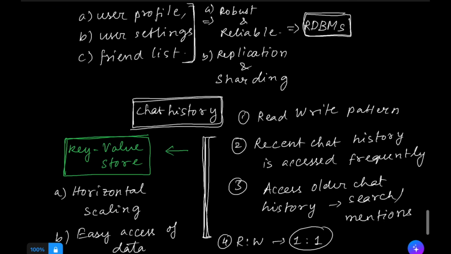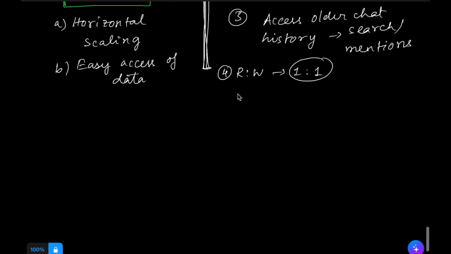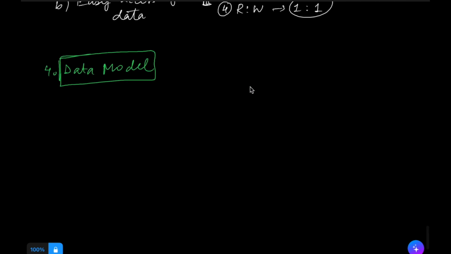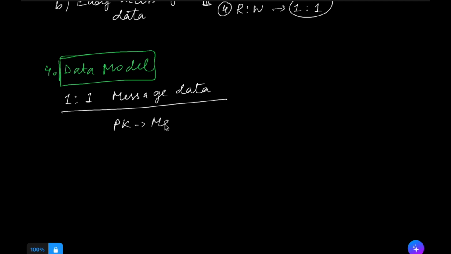And lastly, we will discuss the data model, like how we store the data in the databases. What is the schema, what are the table column types, etc. One is the 1:1 chat message data. For this, our primary key is the message ID.